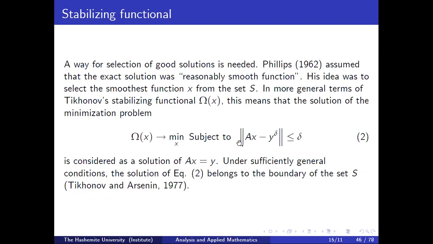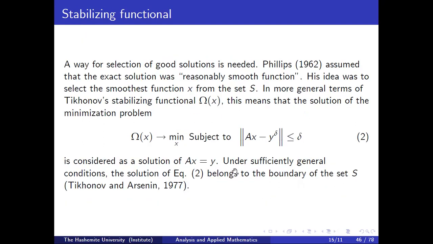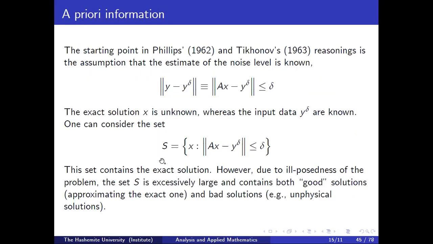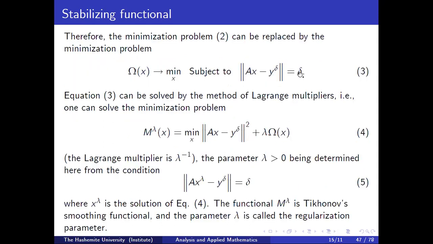So what's the idea here? Tikhonov started by minimizing the residual. Then, after some conditions, he proved that the solution is on the boundary of the set S. Under some conditions, the solution is on the boundary of the set S. So he replaced less than or equal by equals, because under some conditions the solution is guaranteed to be on the boundary of this set S. Then after that, he started to minimize this problem, and he used Lagrange multipliers.